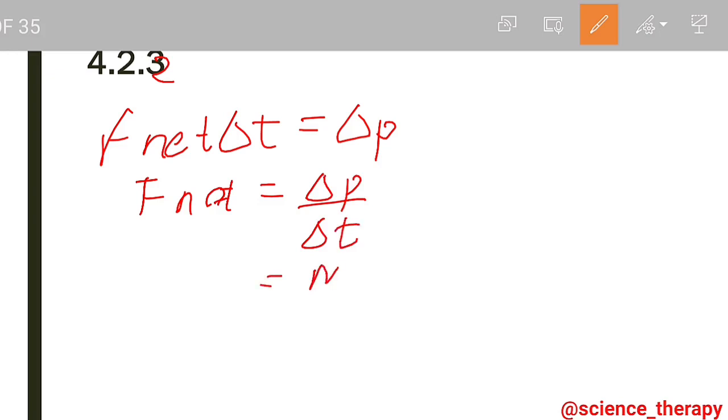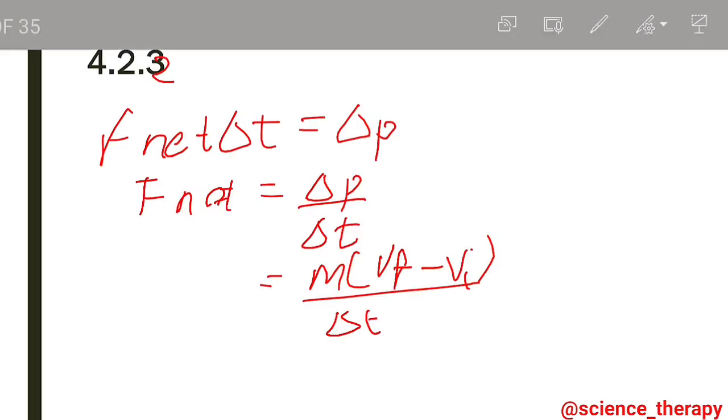For this one, we go m times VF minus VI, over change in time. So that's the formula.